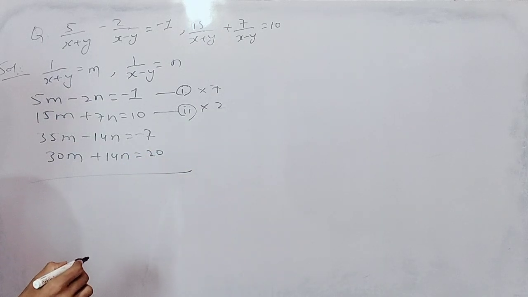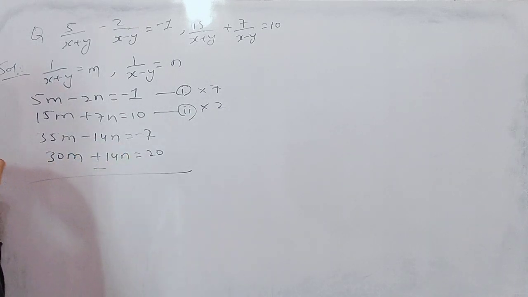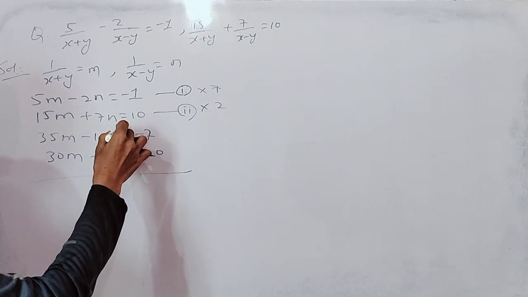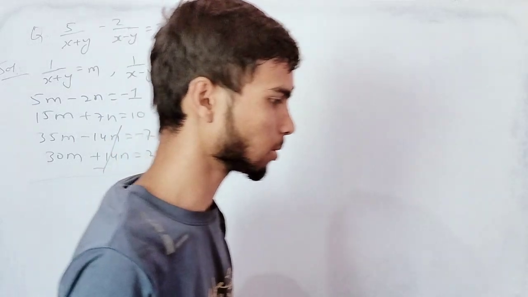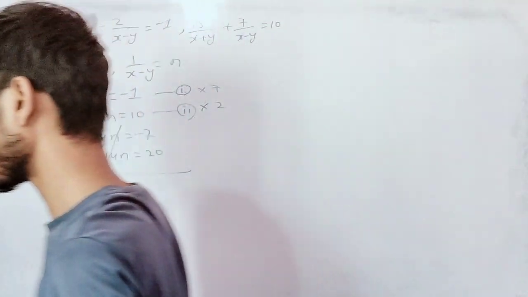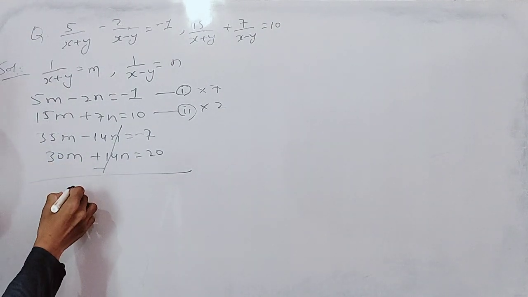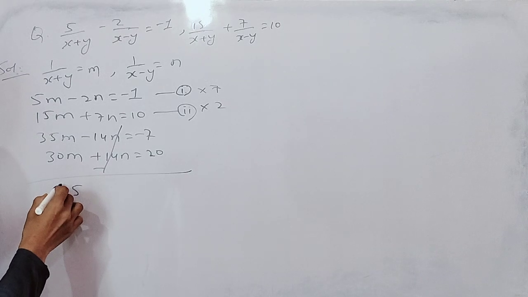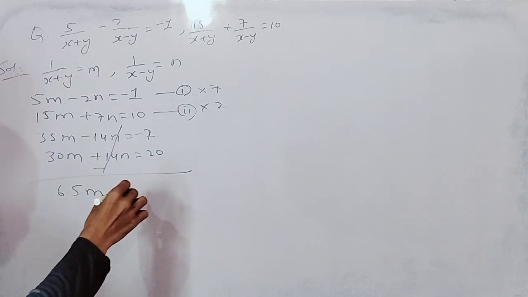Clear? Now here we have different operators. It means we will add. So here 65m is equal to how much? 13.